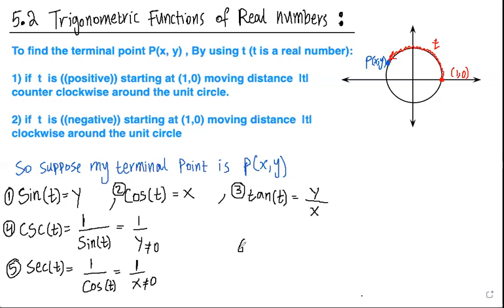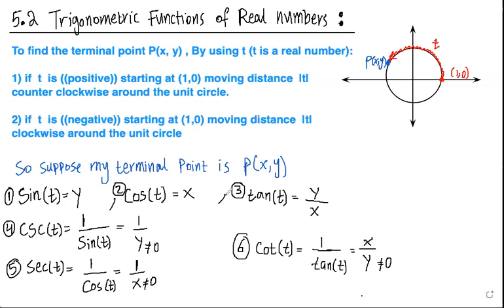Number 6 is cotangent of t, equal to 1 over tan of t, and this is equal to x over y, and y is not equal to 0.